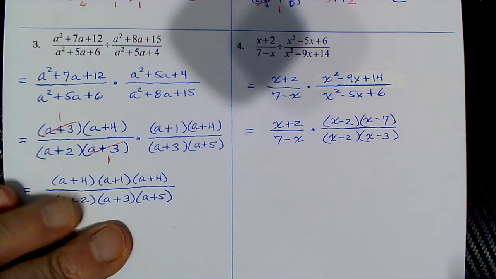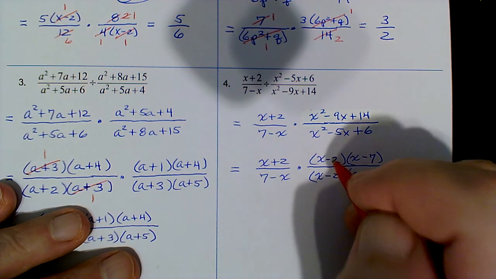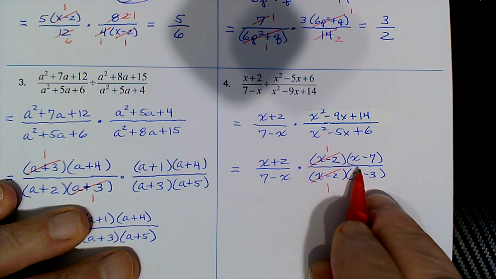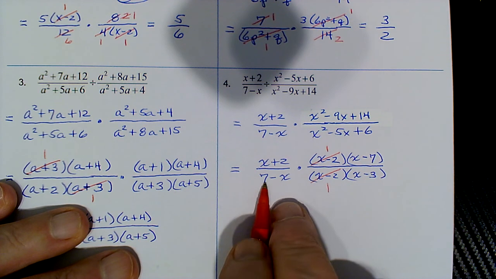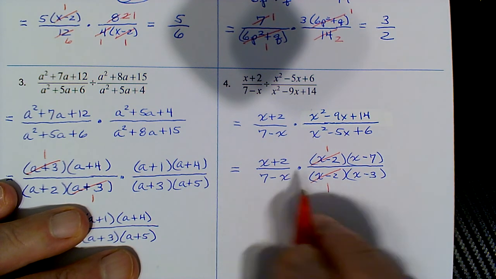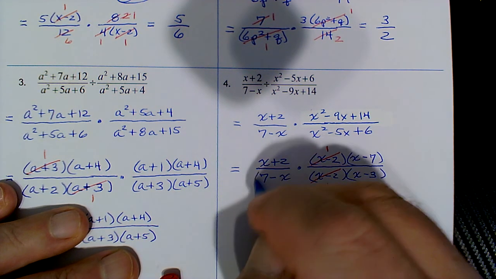Here's an interesting one, because we can certainly cancel these x minus 2's. But now, if you recall, x minus 7 and 7 minus x are what we call opposites. So we cancel one of them. If you wanted to put this 7 minus x in parentheses, that's fine.